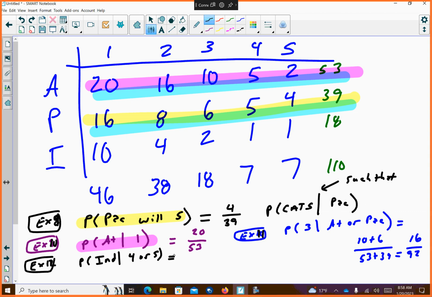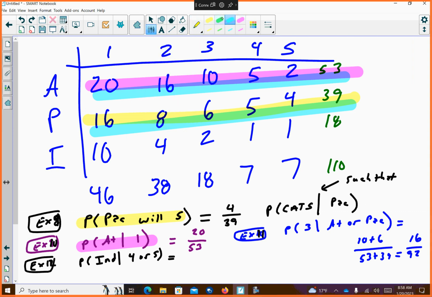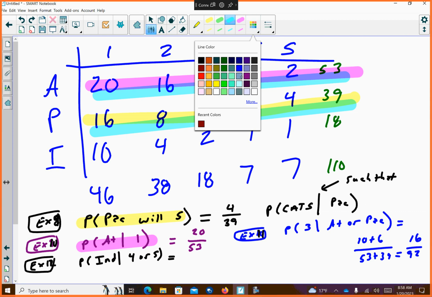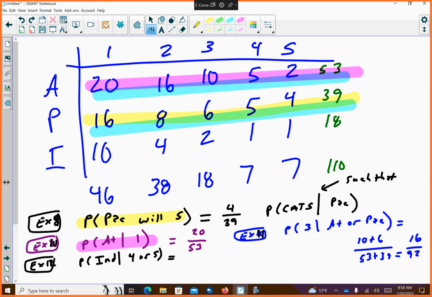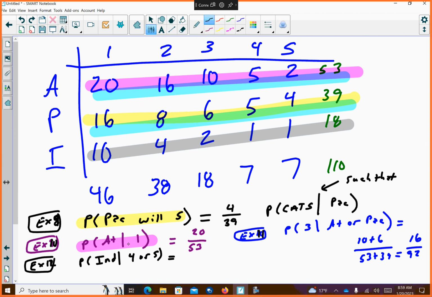All right, so Indian Ocean, highlight. Okay, so in the Indian Ocean, there's a total of 18 hurricanes that took place there. Category 4 or 5, you're dealing with just those two, so 1 plus 1 is 2. So 2 out of 18.